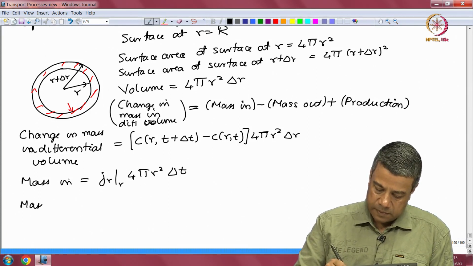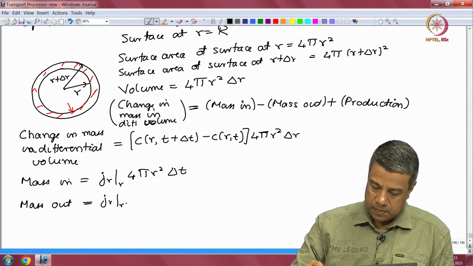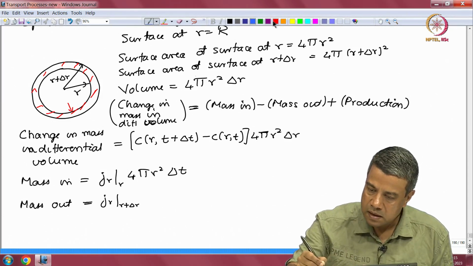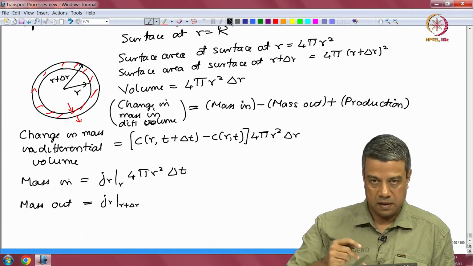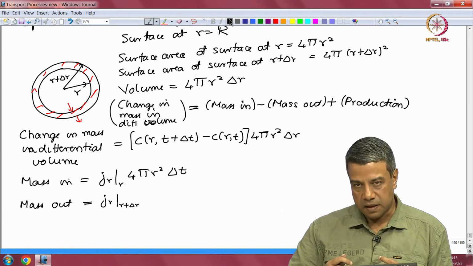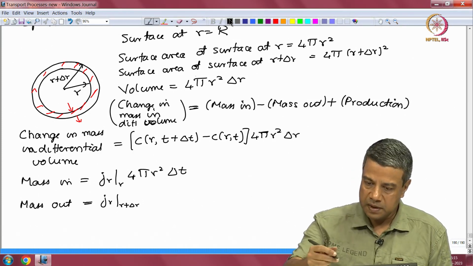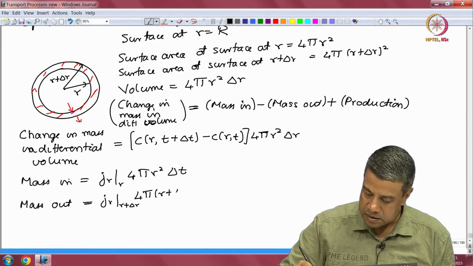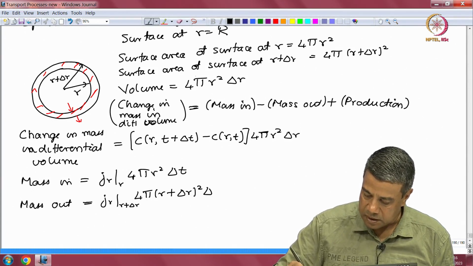Mass out is going to be equal to the flux at r plus delta r. Flux out is at this outer surface. J r at r plus delta r is leaving. If J is in the radial direction, the flux is leaving at the surface at r plus delta r. So, this has to be multiplied by 4 pi into r plus delta r the whole square into delta t.